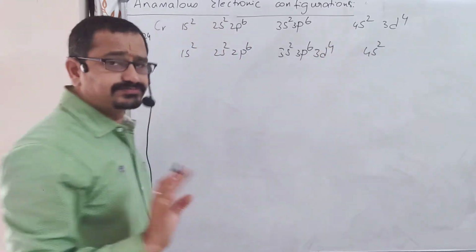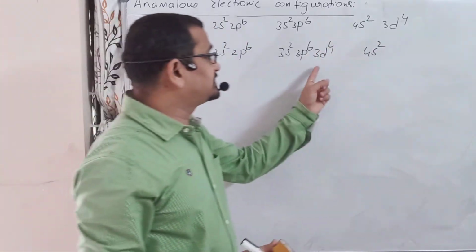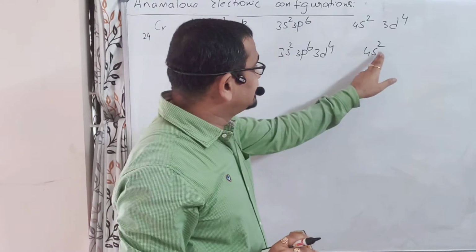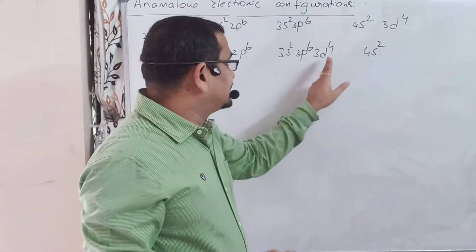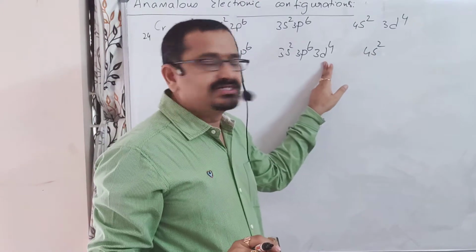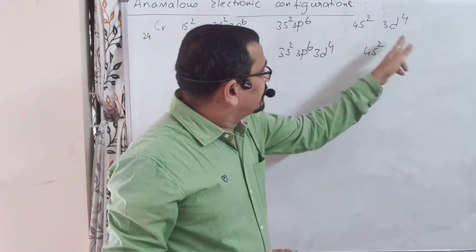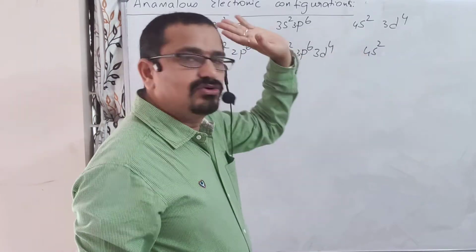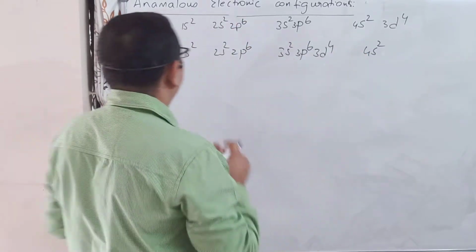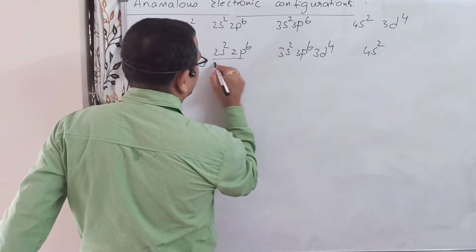Both are correct. Don't get confused like 3d is filled first and then 4s. No. See the number of electrons. After completely filling 4s, then only 3d started filling. Understood? So the same can also be presented in this way. If you have any confusion, you can proceed with that. But this type of shell-wise presentation always helps you.